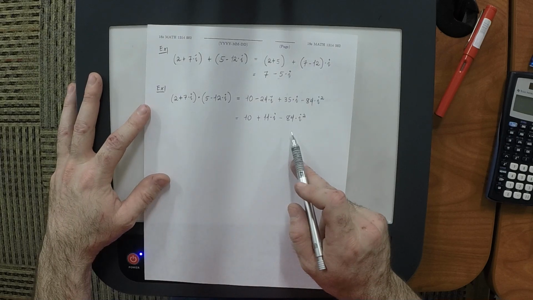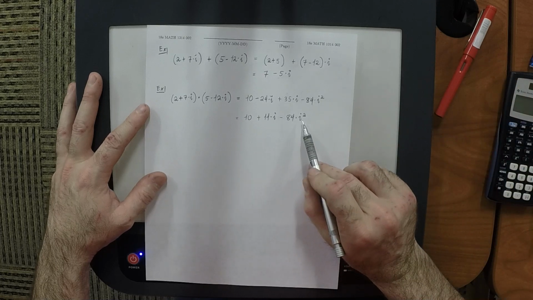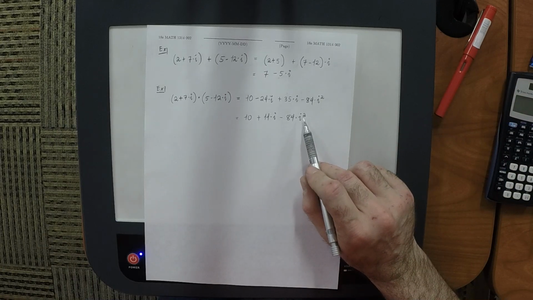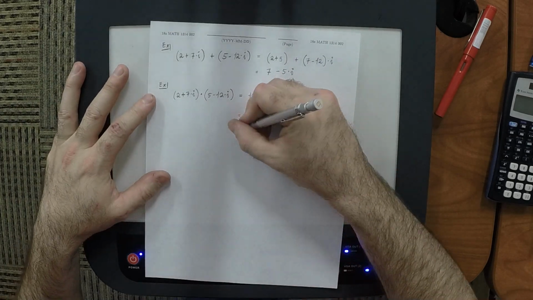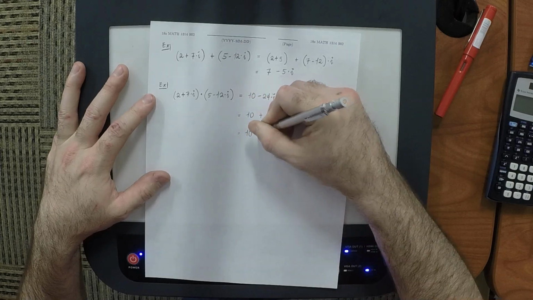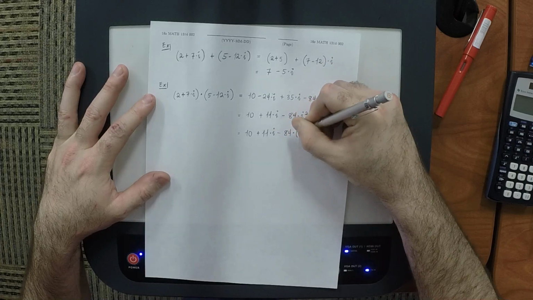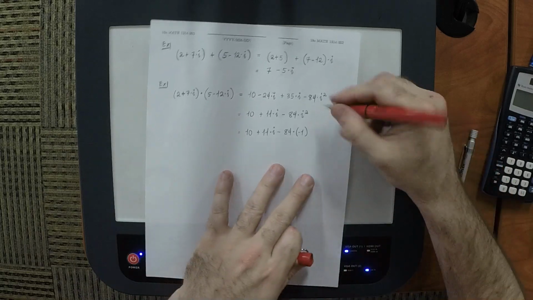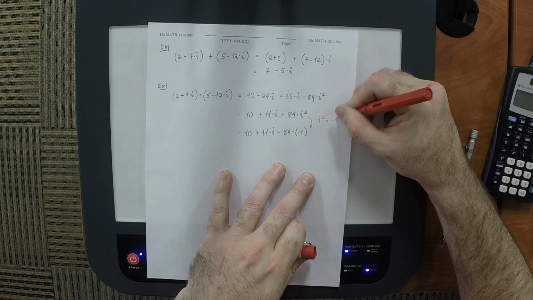This is where you'd stop. But now we have to go a little bit further. Yes? Didn't we write earlier that i squared is negative 1? Right. This is the further that we must go, and that is that yes, i squared, that's not a real, that's the imaginary unit. What is i squared? It's negative 1. So this would be 10 plus 11i, and then minus 84 times negative 1, because i squared is negative 1.